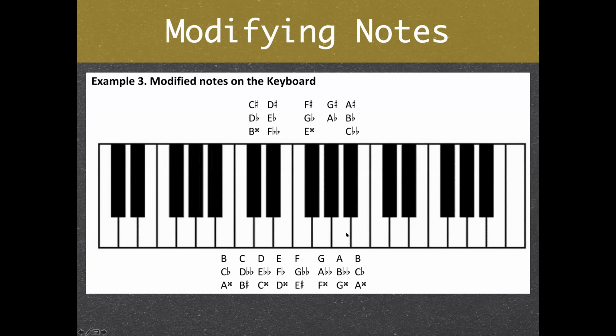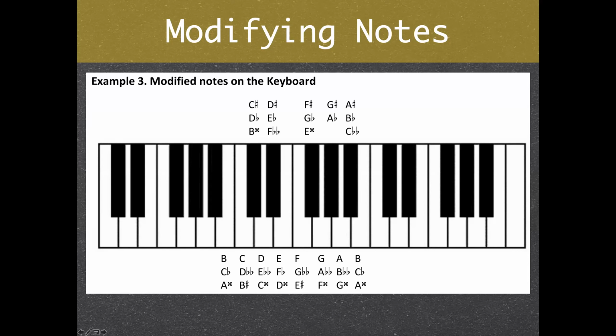Some of the notes that can have multiple identities, we call this enharmonic equivalence in music theory, can be demonstrated on the keyboard. So, for example, the D flats I've been playing, those are enharmonically equivalent to C sharp. It's also enharmonically equivalent to B double sharp. What?